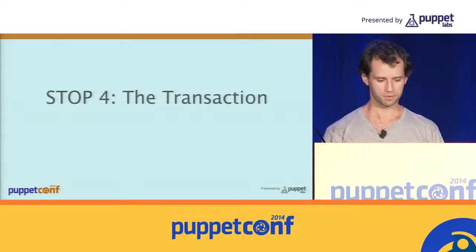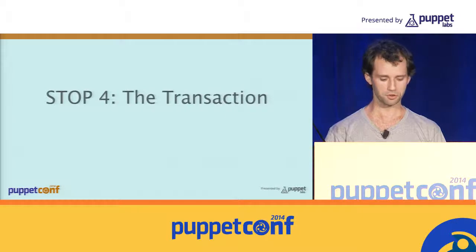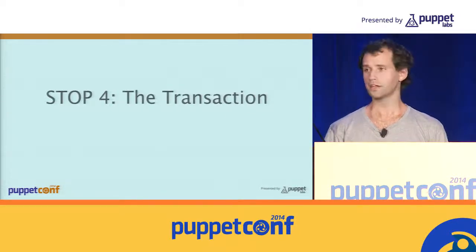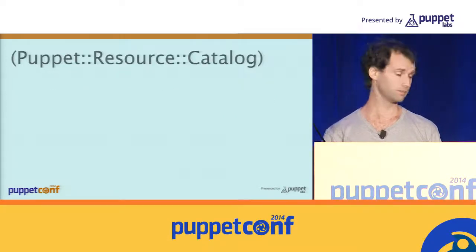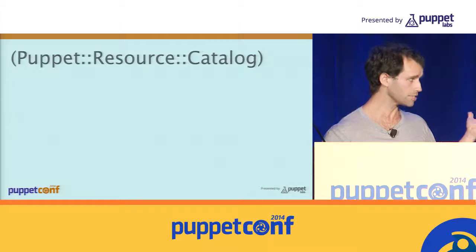This is again some of Puppet's older code, and this is where the real meat of Puppet is happening. In the configurer, we get a catalog object somehow, which we'll get back to, and it is an instance of a class called Puppet Resource Catalog. That's one of the most important classes in Puppet.